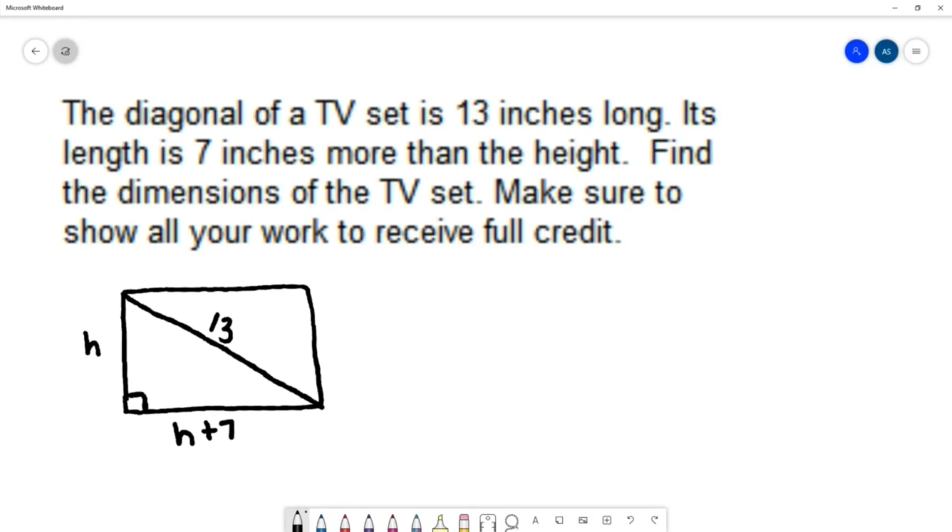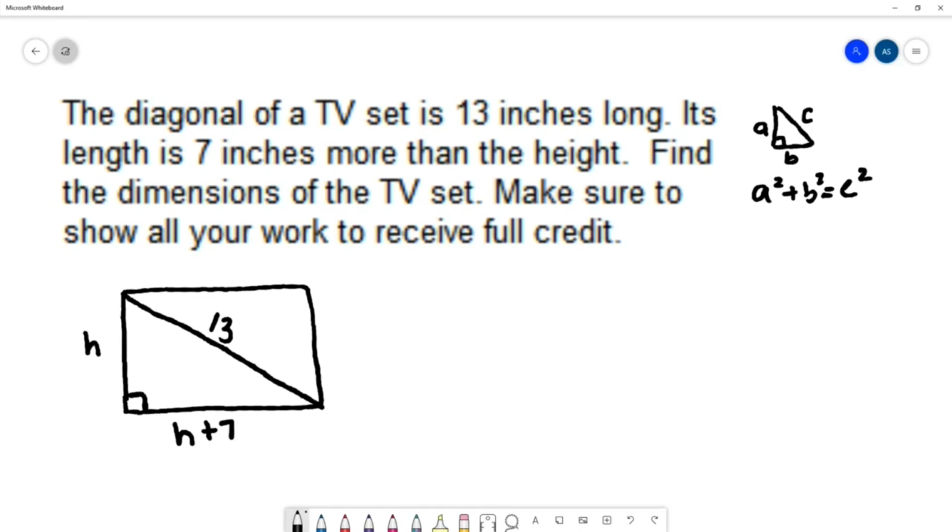So we know with the Pythagorean Theorem that if we have a right triangle, the side opposite of the right angle is the hypotenuse, and we label that with C. And the other two sides are called the legs, and we label them with A and B. The sides can be related to each other with A squared plus B squared equals C squared.